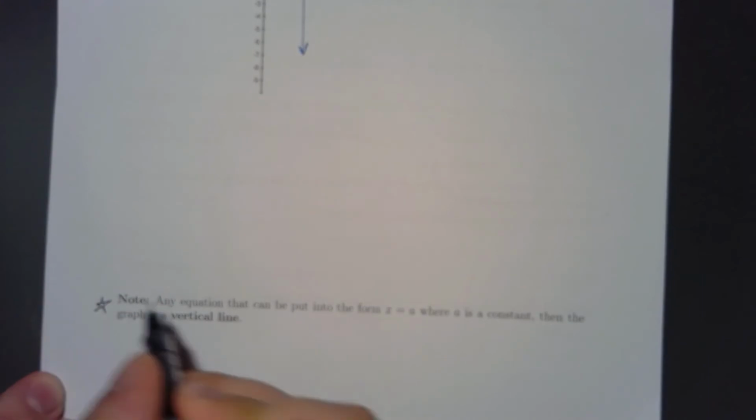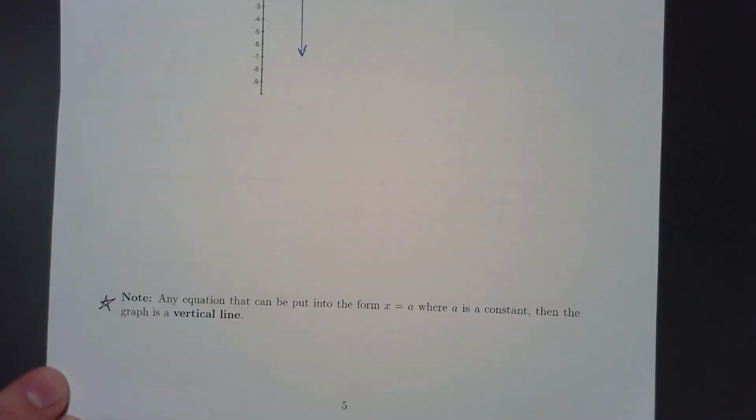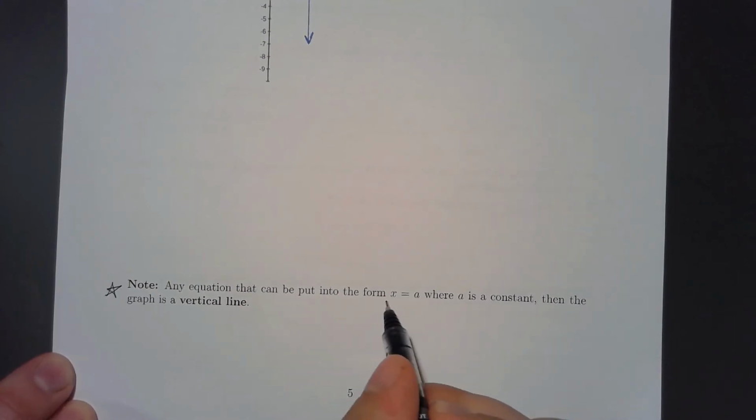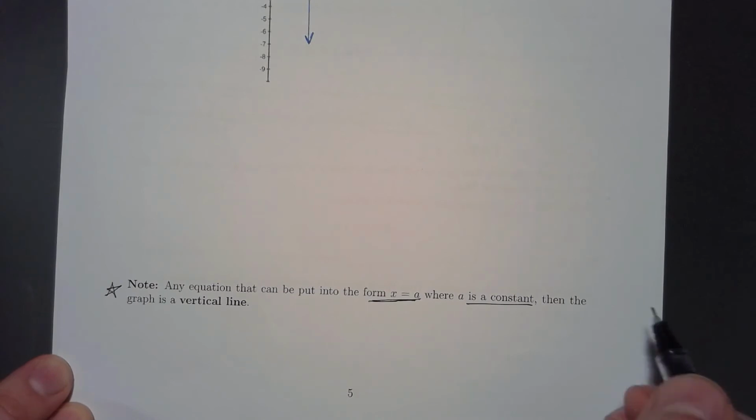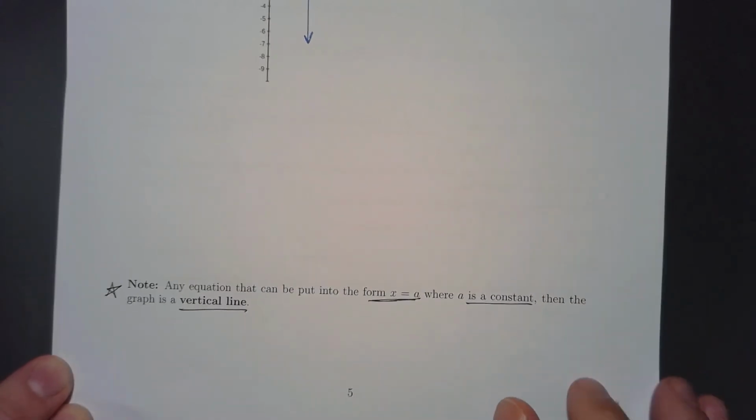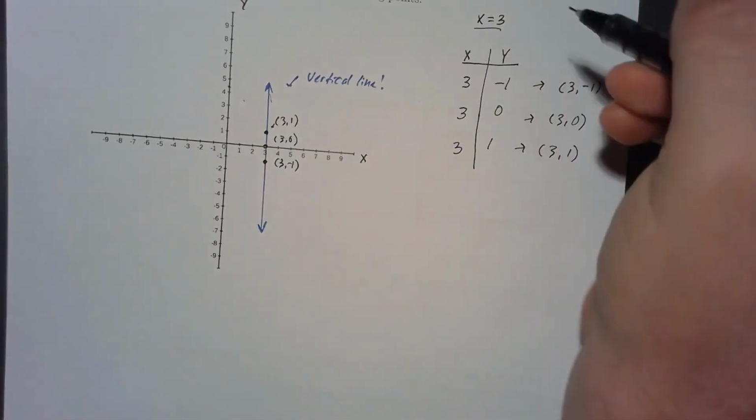Look at this note here. Any equation that could be put into this form, where a is a constant, the graph is a vertical line. And that's what I have here.